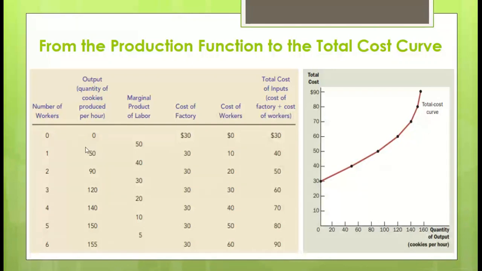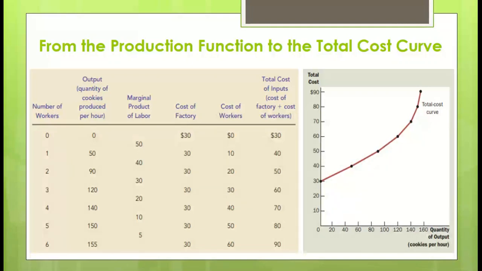When the output is 50 units, the total cost is $40. Then for 90 units of output, here in between 80 and 100, the total cost is $50, this point here.